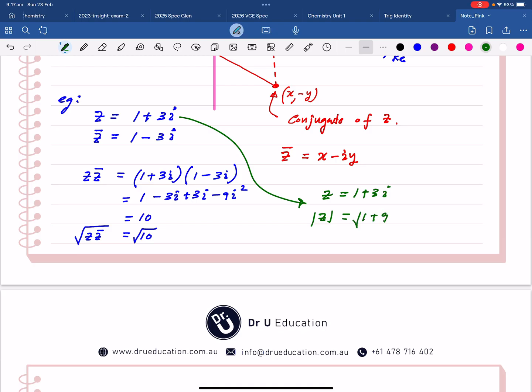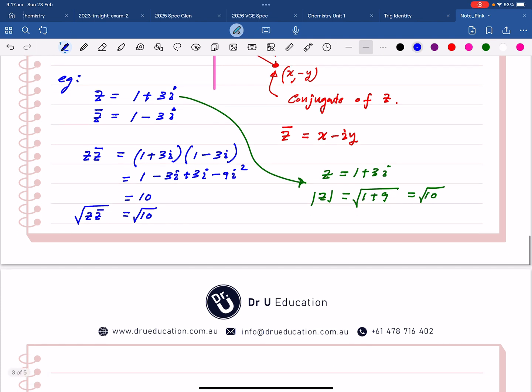What is that? Square root of 10. Now we have a nice relation. So we can say, at the end of the day, the mod of z is equal to the square root of z z bar.